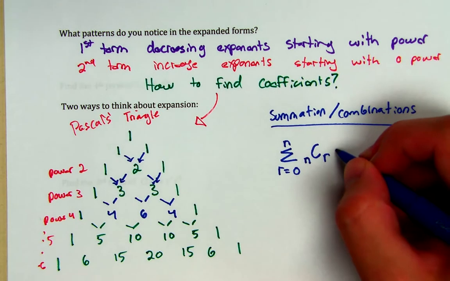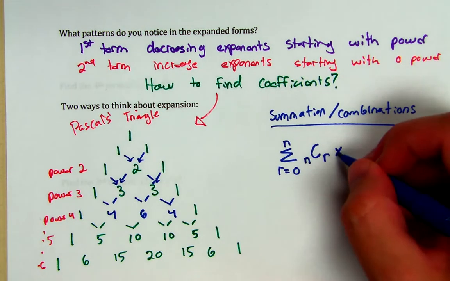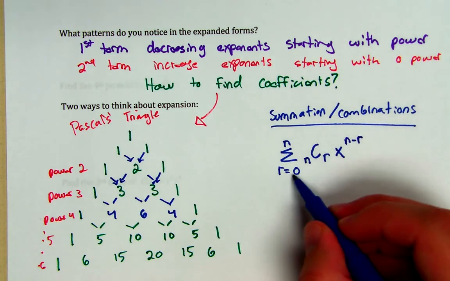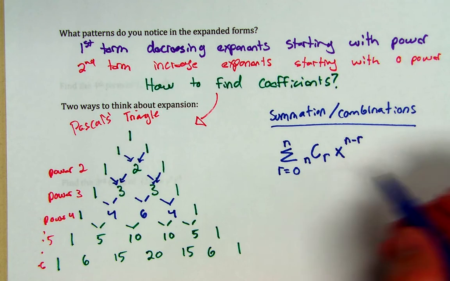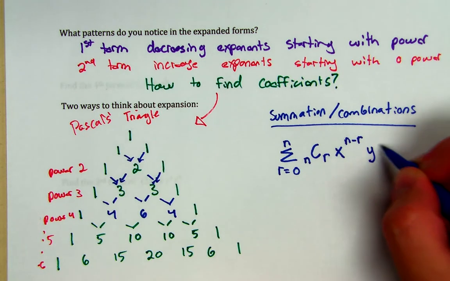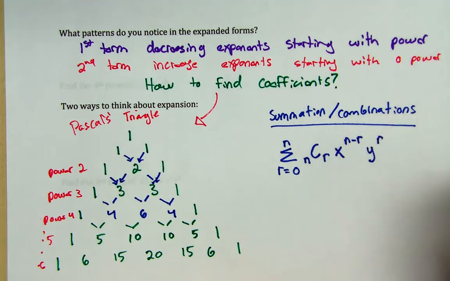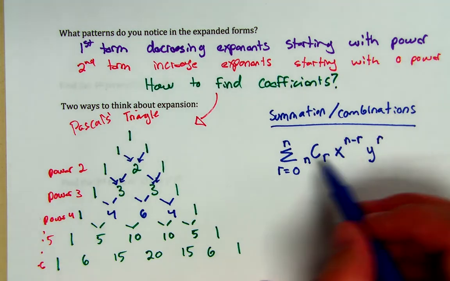Now, x started with the highest power, but we're actually going to subtract out r as it increases. And then we're going to take y, and that's just going to be to the r, starting with 0, going all the way to n. So this would be the formula for it.